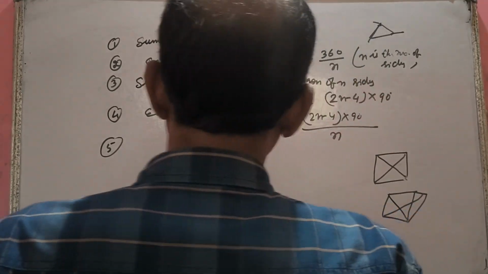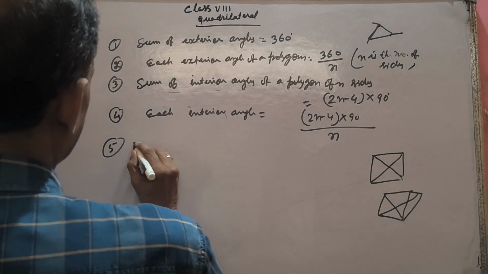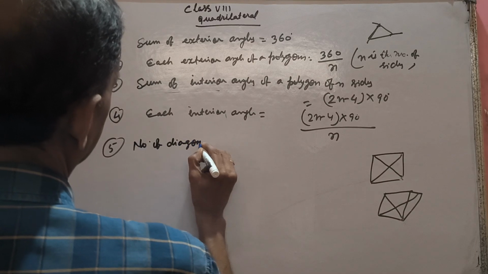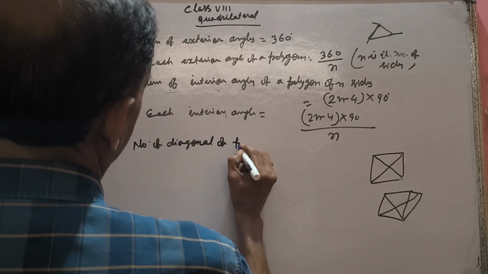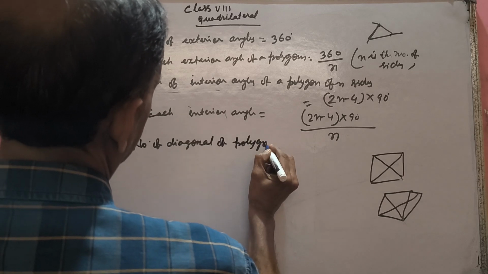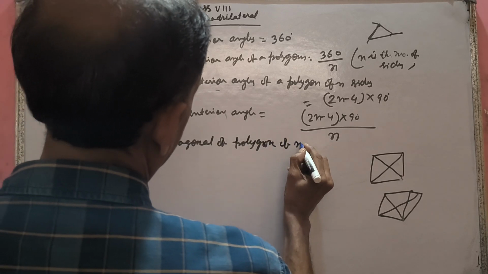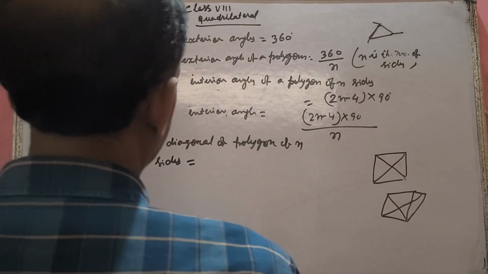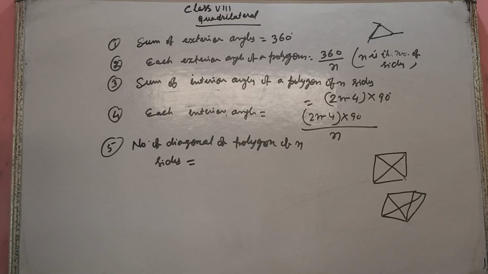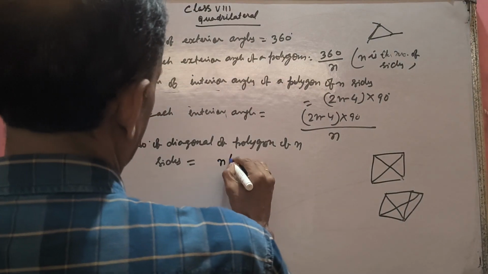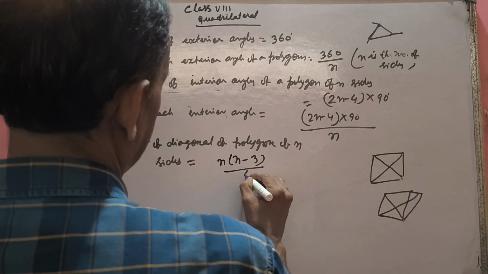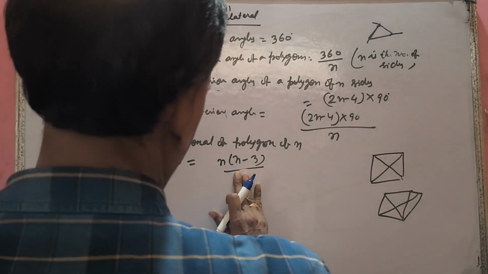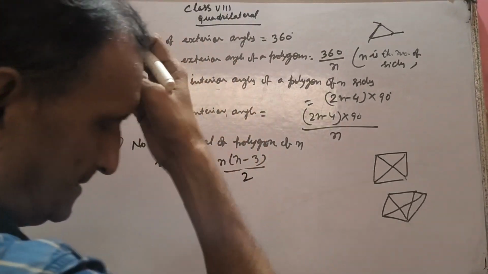So the number of diagonals of a polygon of n sides is calculated using the formula n into (n minus 3) by 2.